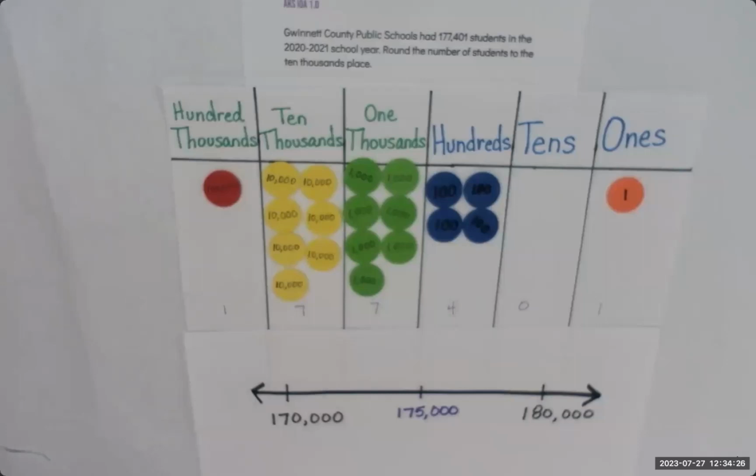Okay. If your students are struggling with finding that midpoint, they could find each 1,000 interval or increment in between 170,000 and 180,000. So they could count each 1,000 if they needed to.